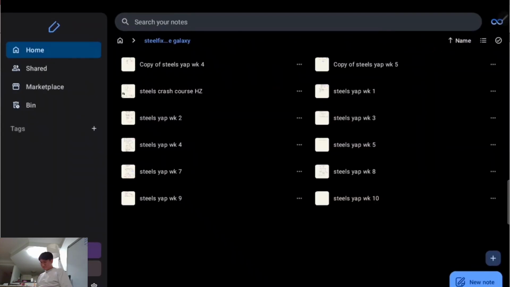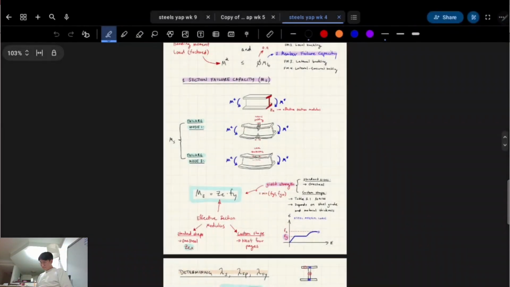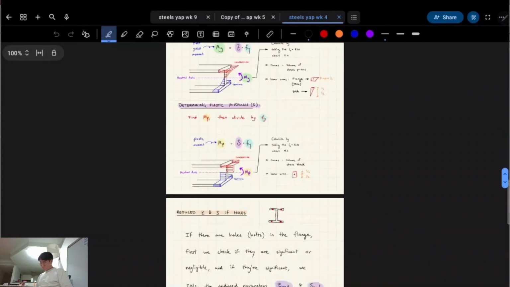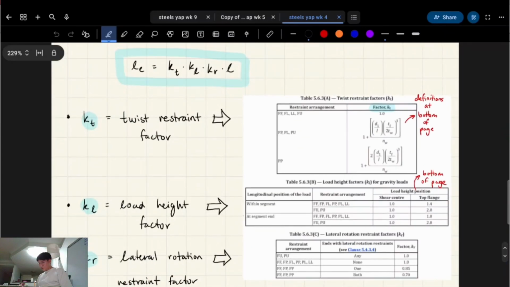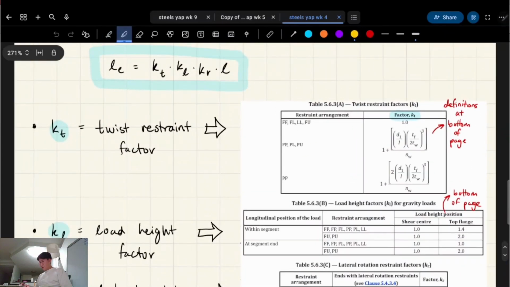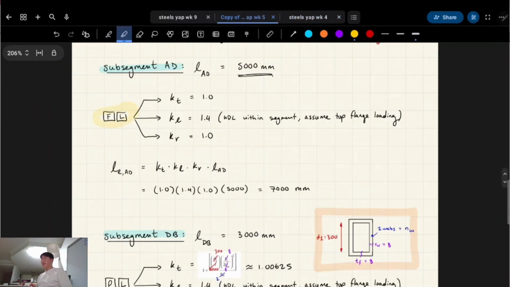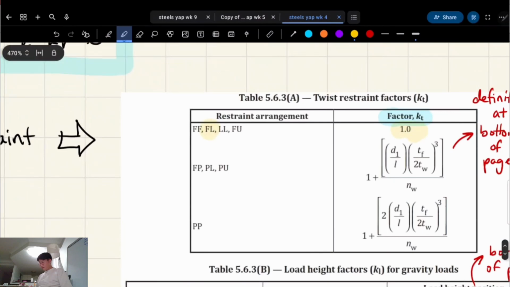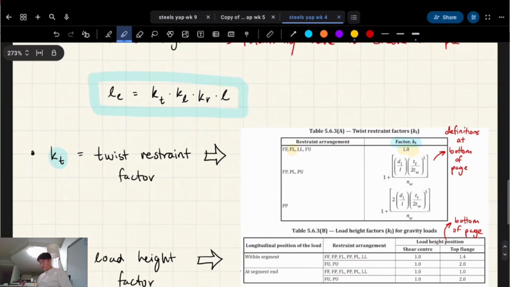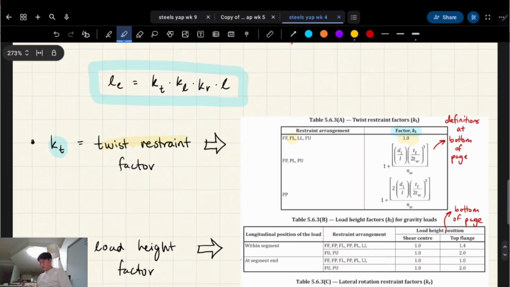I think I should. So it's this twist restraint factor. But keep in mind, we have FL, which is our restraint value. If we go to our table, for FL cases we always have a KT of 1. You see that in yellow? So the effective length does not get increased for our twist restraint factor.